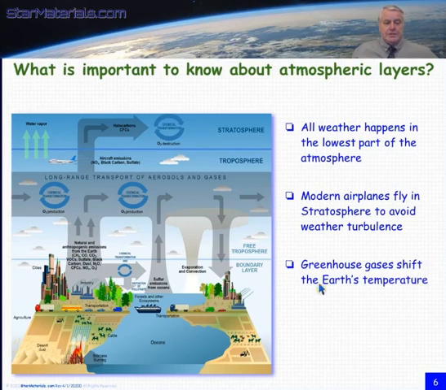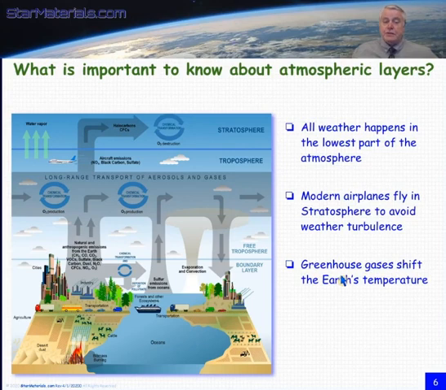Greenhouse gases shift the Earth's temperature. Industry, automobiles, trucks, cattle, all produce greenhouse gases, and that goes up into the atmosphere up here in the stratosphere.